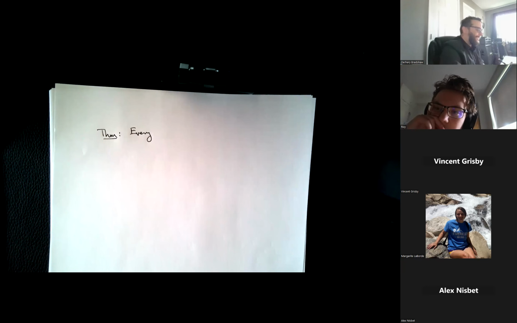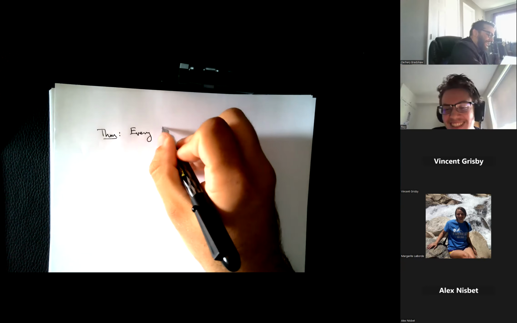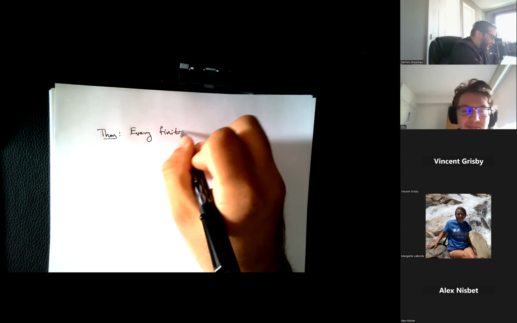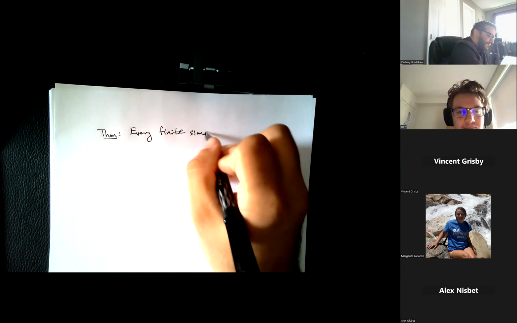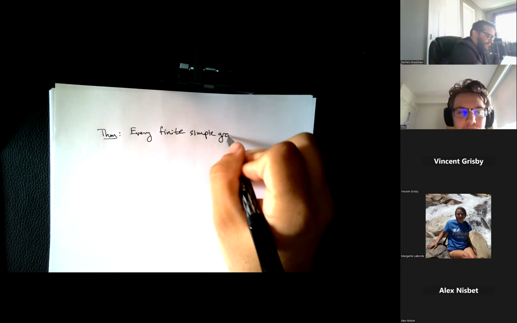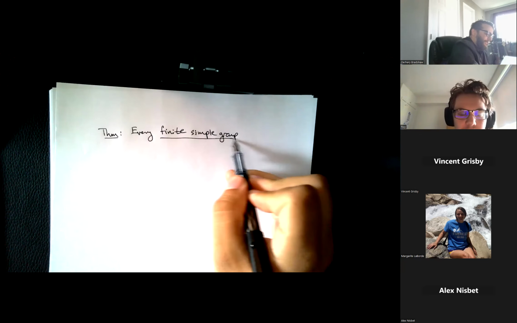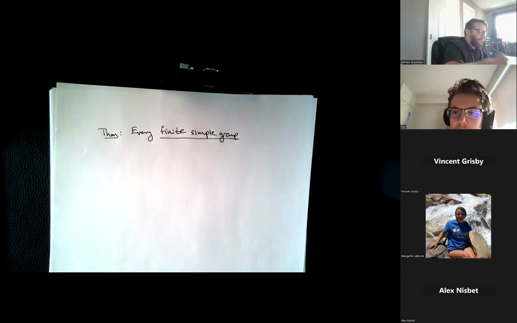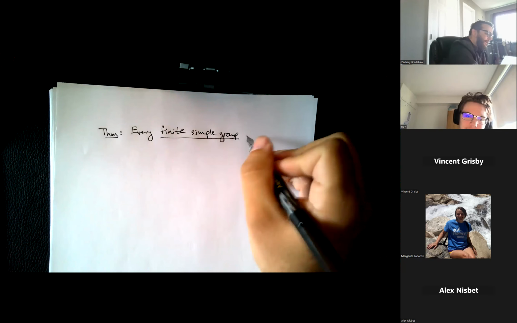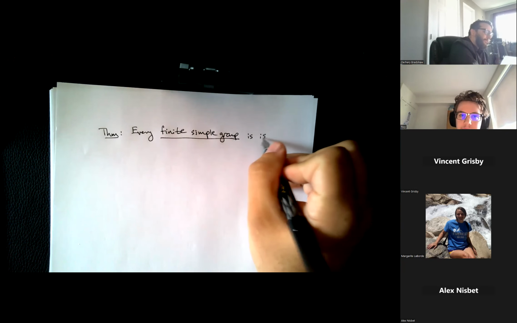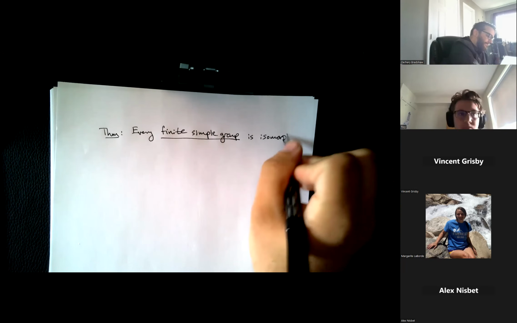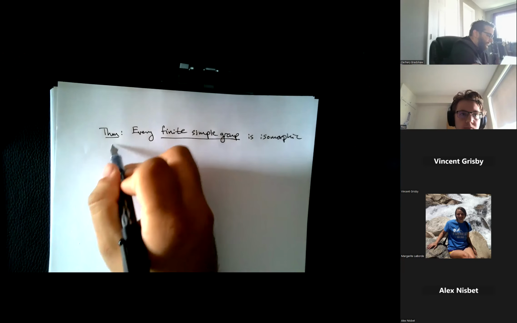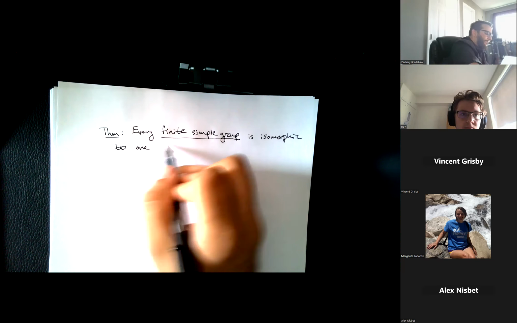So I will not prove this to you today, and that's my excuse. Anyway, the theorem is that every finite simple group, it doesn't really matter what simple means for us, the point is that groups can be decomposed into these things. But every finite simple group is isomorphic to one of the following.